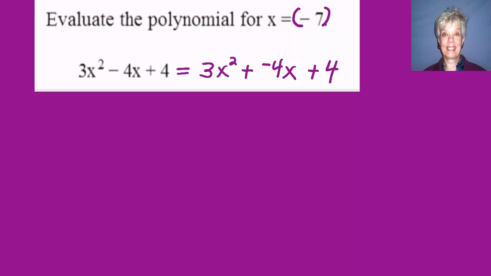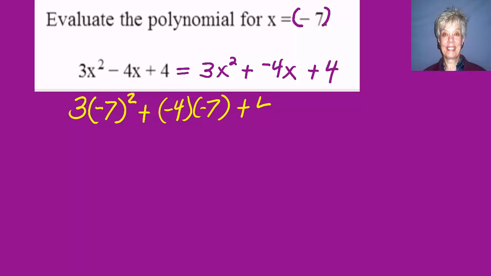So what I'm going to do is substitute -7 in parentheses for x. 3 times -7 to the second power plus -4 times -7 plus 4. Now the power 2 means that -7 is going to be multiplied by itself twice.